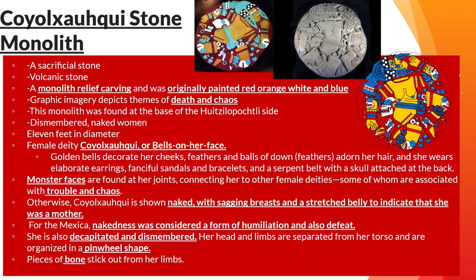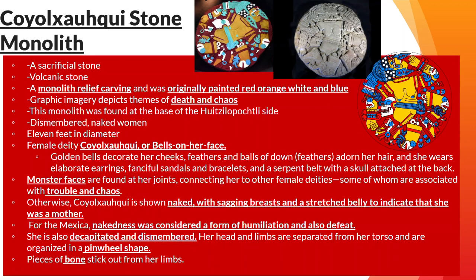So if you try to rise up, this is what happens to you. It's a very intense, kind of authoritarian way of reminding people not to defy the gods. Coilcoxi was a deity herself. Her name meant bells on her face or bells on cheeks. And so she had power theoretically until she defied Huitzilopochtli.